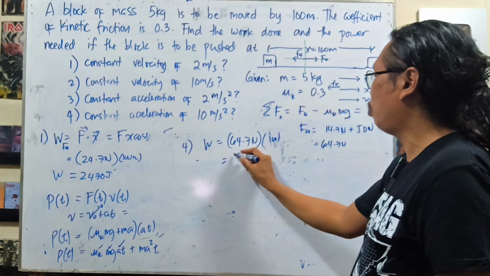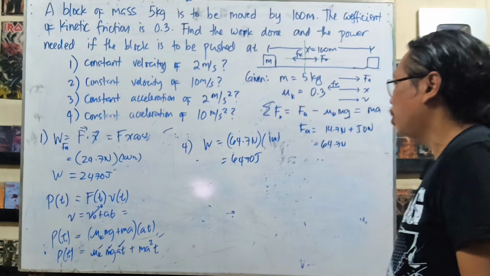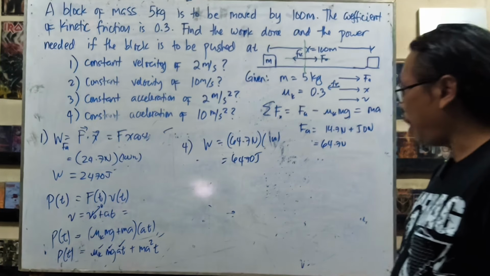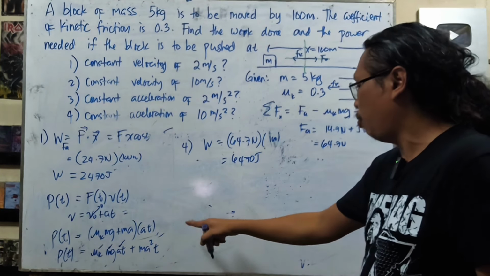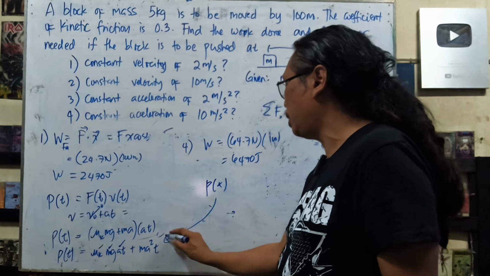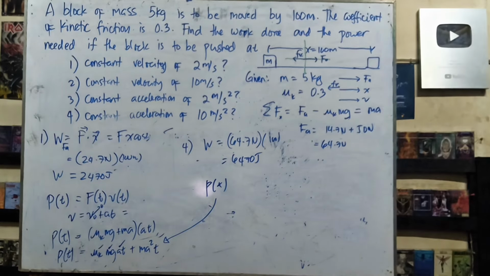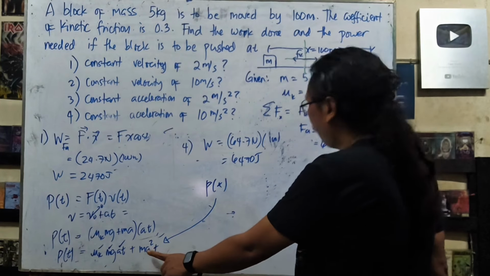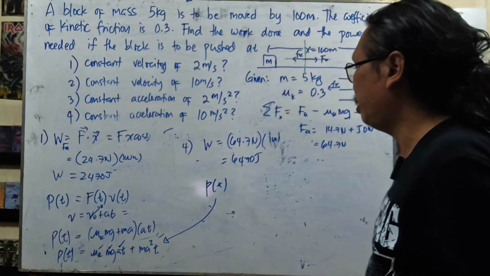So that would be equal to 6,470 joules. And the power, P of T, would have the same formula as that, but you would have a different value for A on this one.